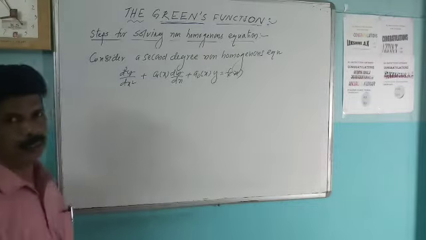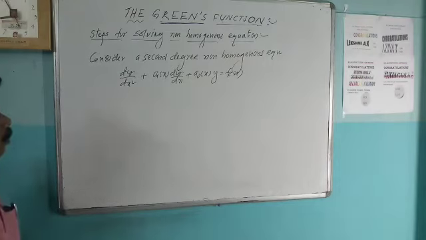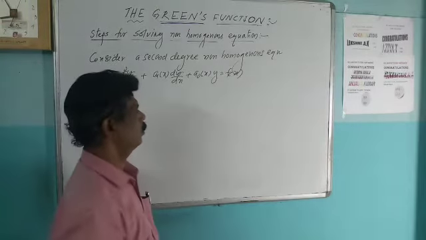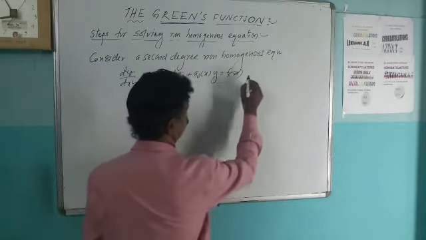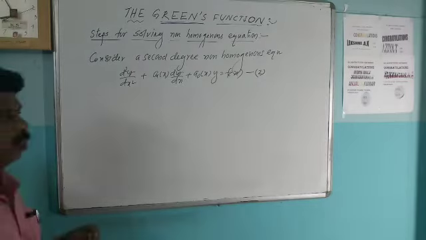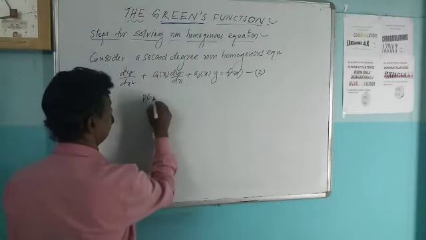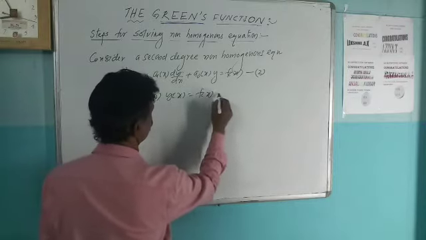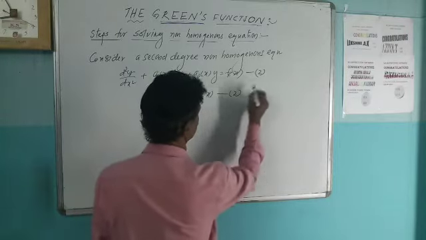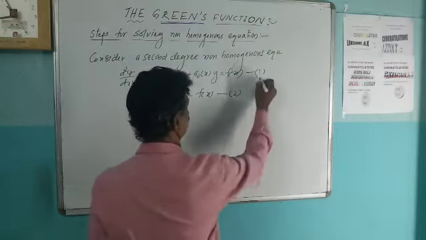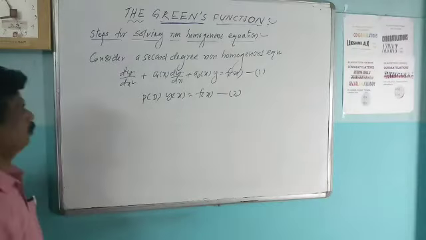I call this equation number 1. Then the differential operator of this function we can write as PD of y of x is equal to f of x. This is equation number 2.